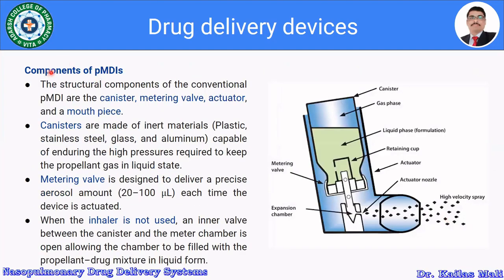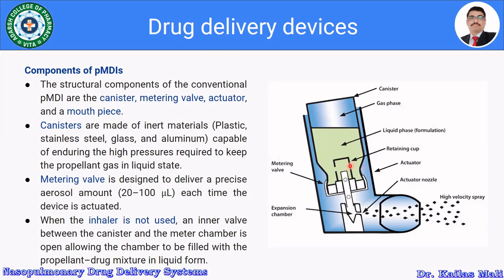Let us see the components of pressurized metered dose inhalers. See the figure: this is the canister, here is the gaseous phase, and this is the liquid phase, which comprises the propellant as well as the drug and remaining formulation components.